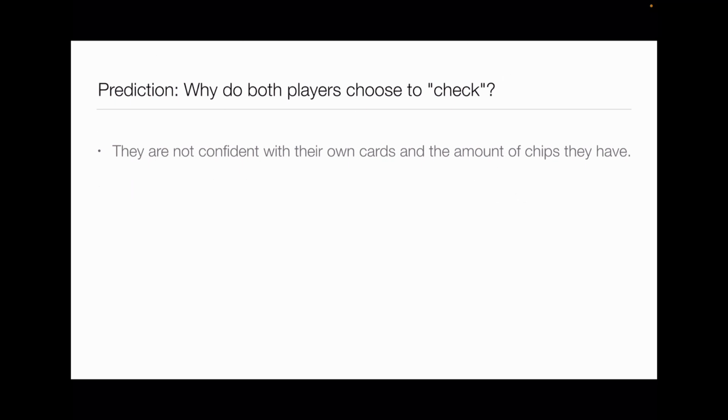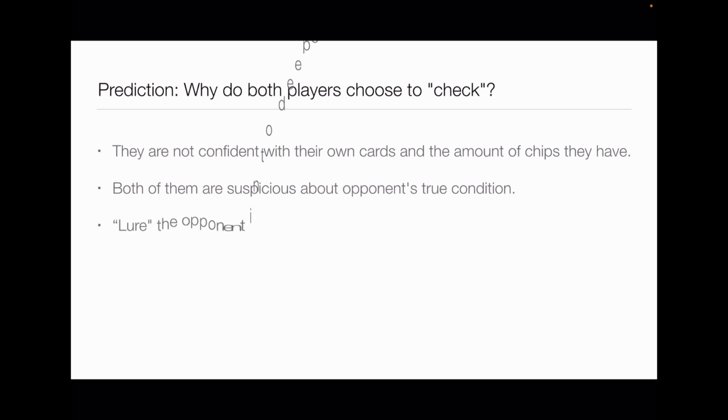And secondly, it may be due to their own suspicions. Both players are not sure about their opponent's true condition, and they don't know whether they are holding a better hand or not. And lastly, it is a type of strategy to show your opponent that you are not getting good cards, but in fact you know you are going to win.